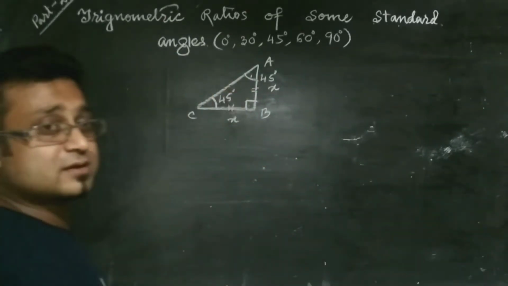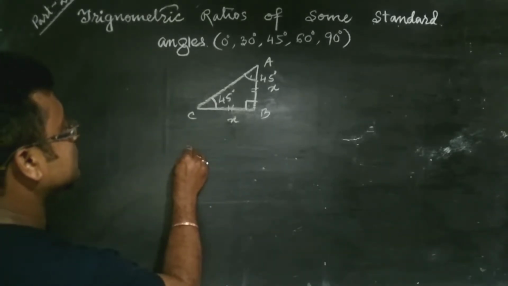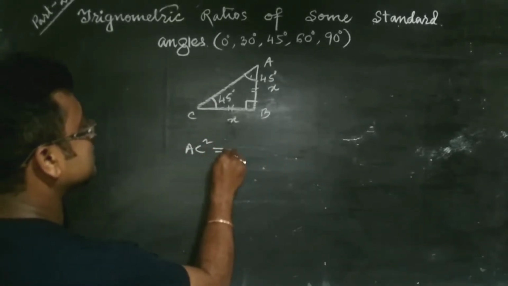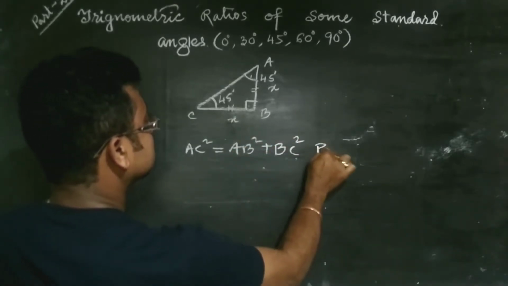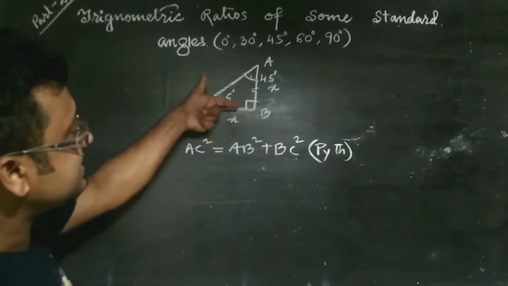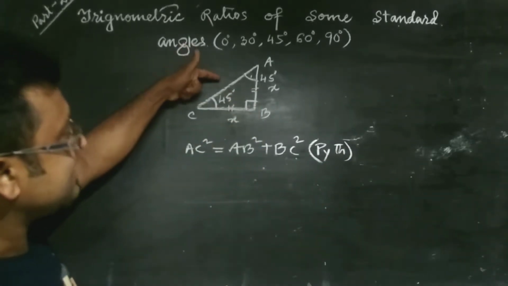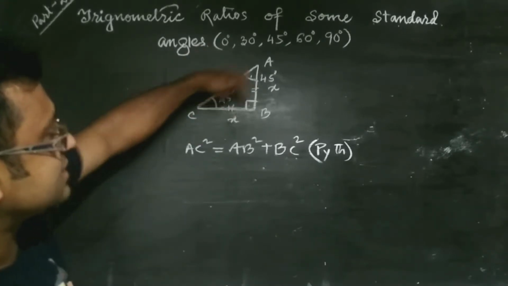Now use Pythagoras theorem. Have you heard about Pythagoras? Okay, thank God, at least you know. Now AC square equals AB square plus BC square. All of you know Pythagoras theorem because in this triangle this is 90, so this will be the hypotenuse, and we know the square on the hypotenuse equals the sum of the squares on the other two sides. Fine.